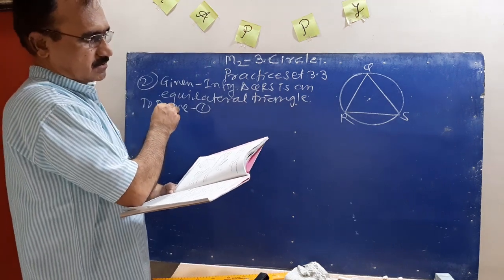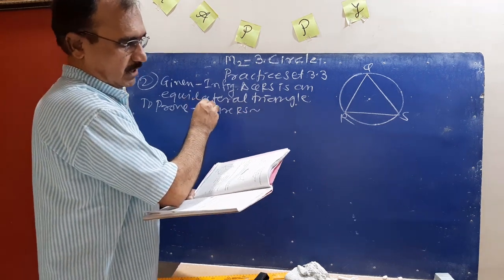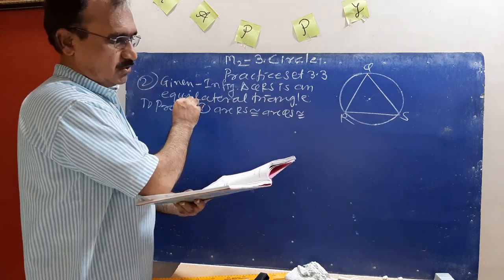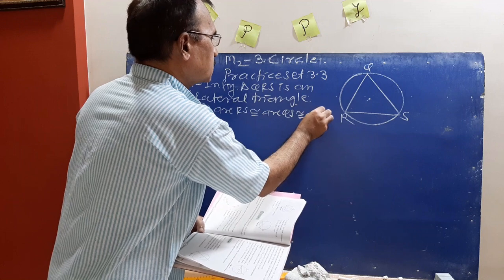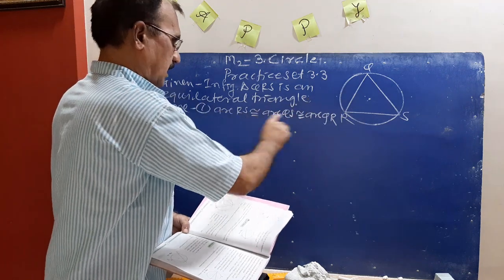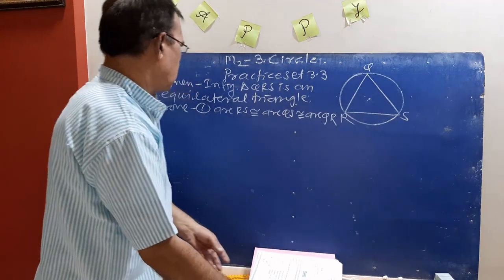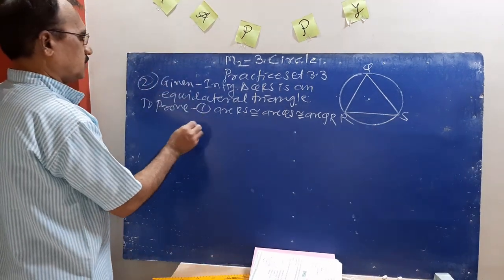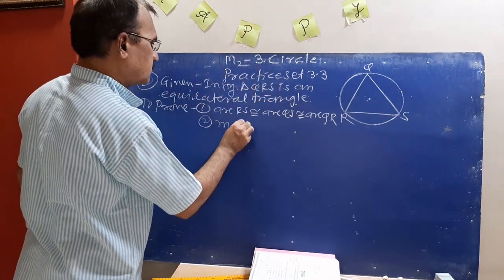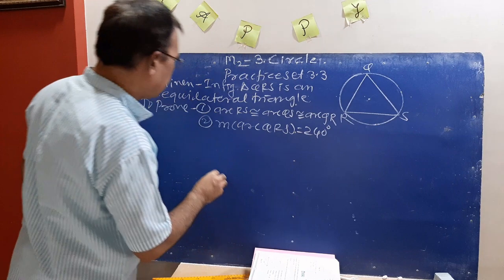Number one: arc RS is congruent to arc QS is congruent to arc QR. How can we prove it? Second one is also: measure arc QRS is equal to 240 degrees.